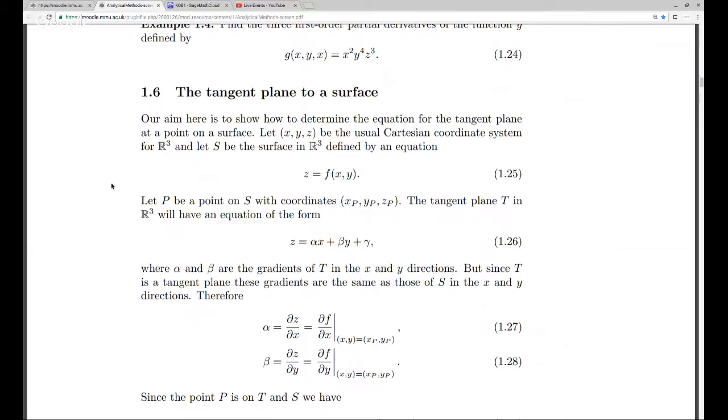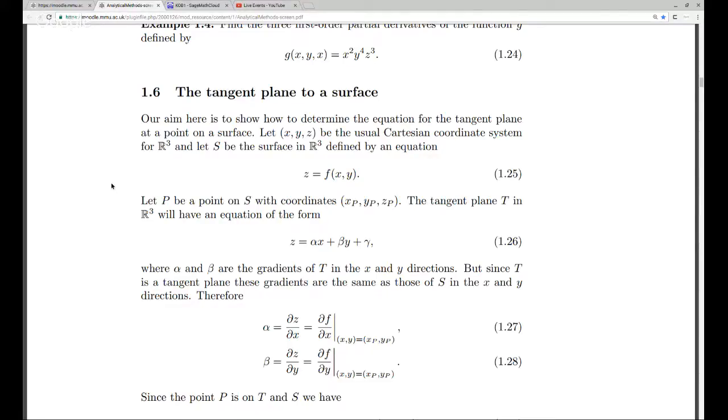Because remember, planes in R3 in general consist of the set of points x, y, and z that satisfy some defining equation. So there'll be an equation ux + vy + wz + s = 0, with a constant s.